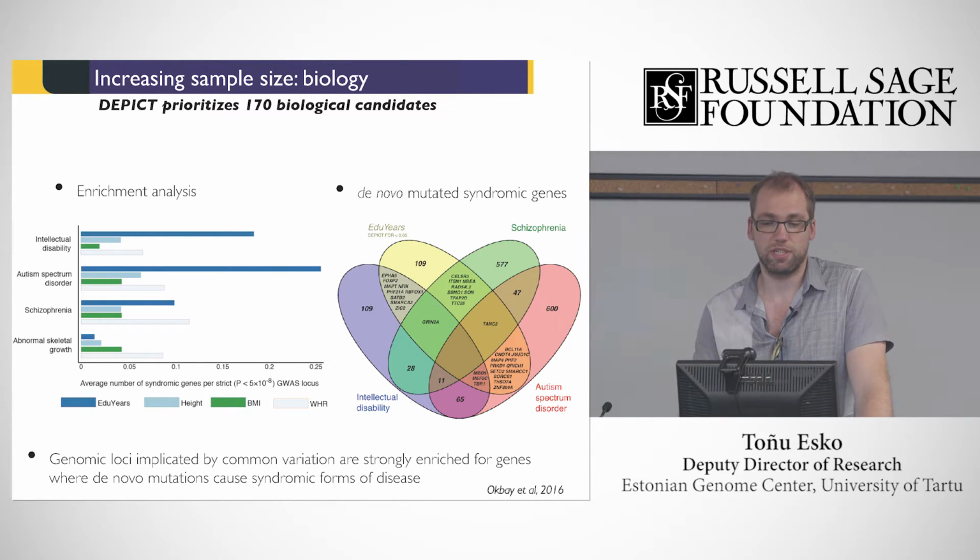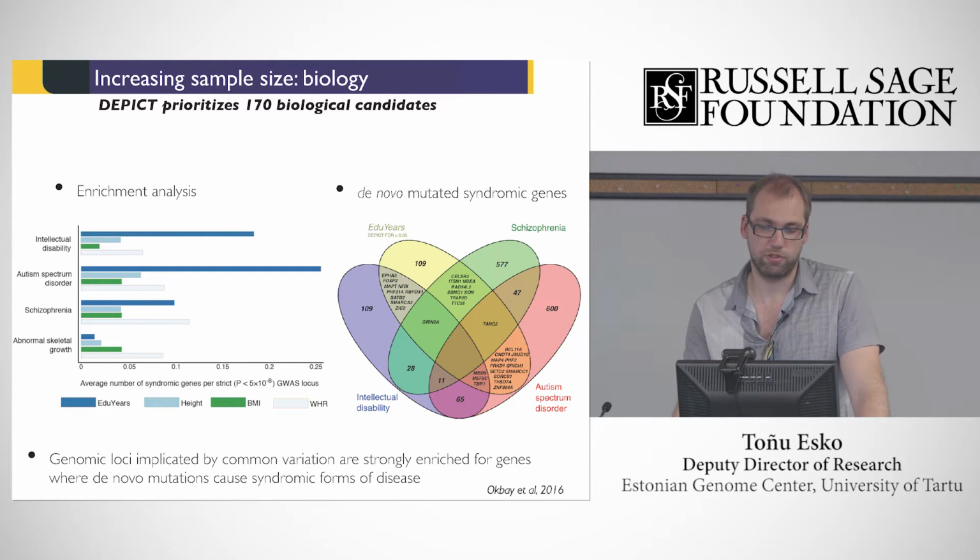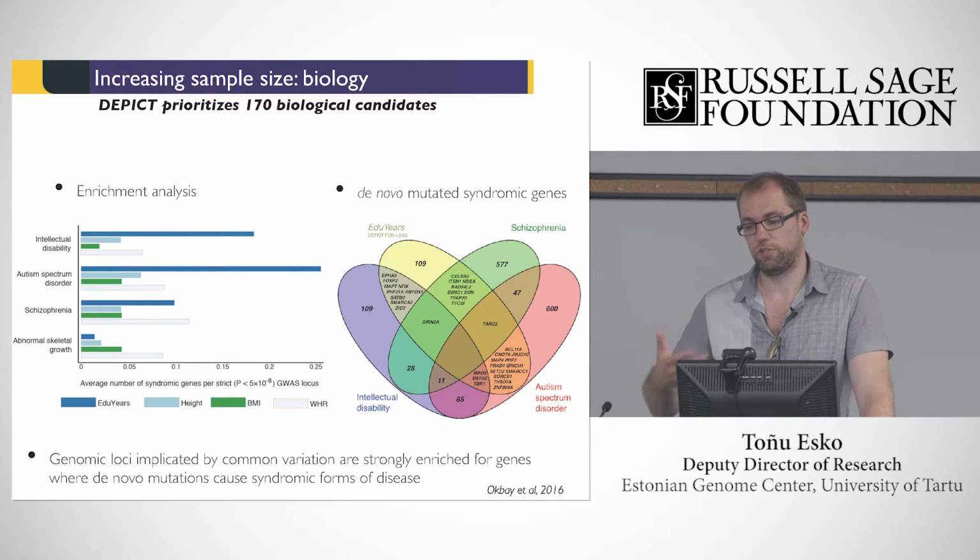So here we actually took the same approach. Together with James, we identified a list of genes known to be linked to various cognitive diseases like schizophrenia or intellectual disability or autism spectrum disorder, and we also looked for microcephaly. And then we more broadly took the genes within our loci and ran DEPICT on it, which prioritized a set of genes.